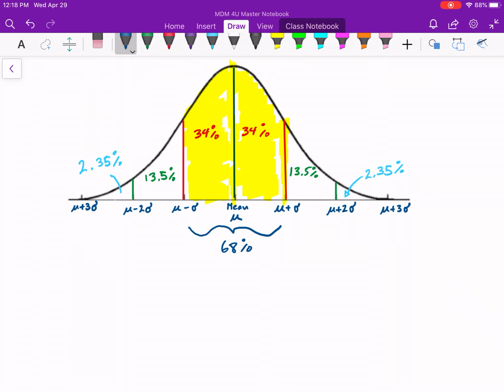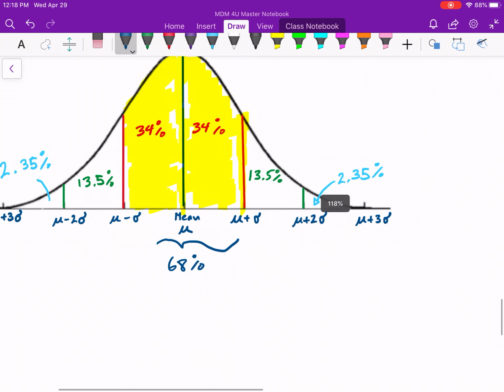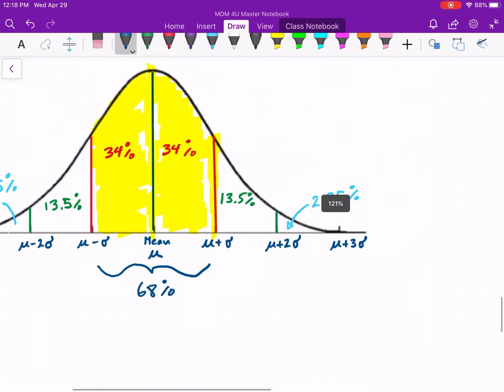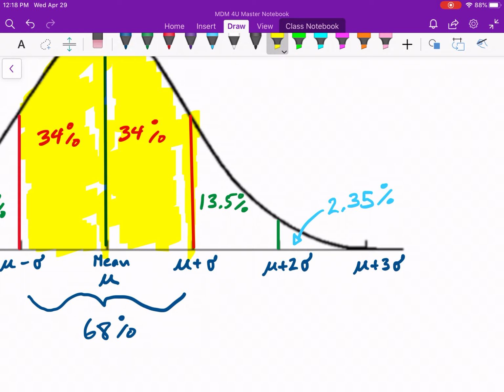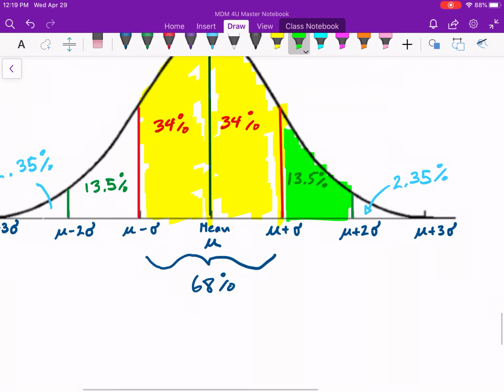Now if we were to expand that a little bit and go 2 standard deviations above the mean, take a look at this one here. Between one standard deviation above and 2 standard deviations above is always going to be 13.5% of the data. And again, it's symmetrical, so the difference between 1 and 2 standard deviations below will also be 13.5%.